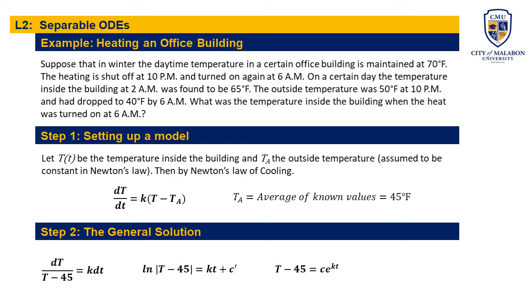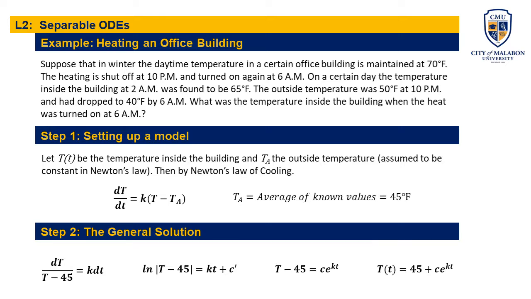Therefore, we will have T minus 45 is equal to C e to the kt. As we can see here, we already have two constants. First is the C, the arbitrary constant, and the proportionality constant for this particular model.